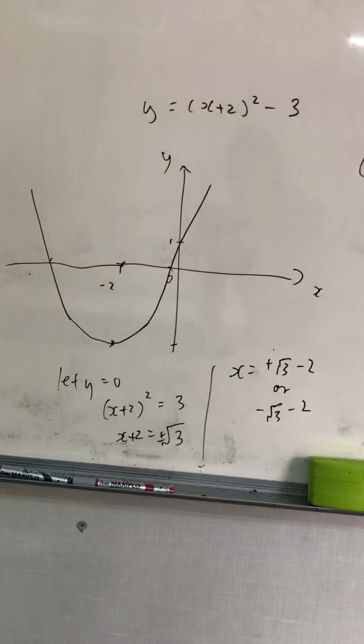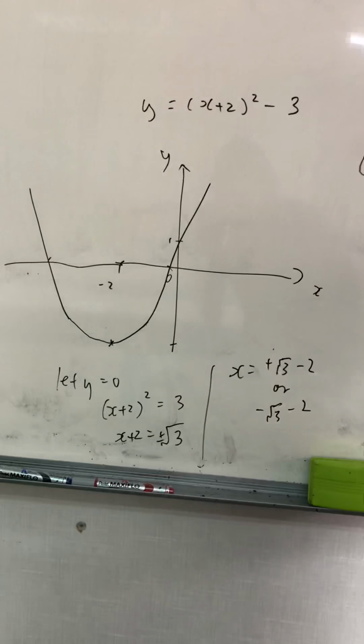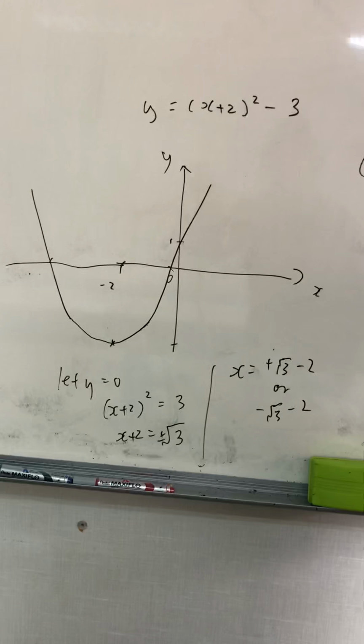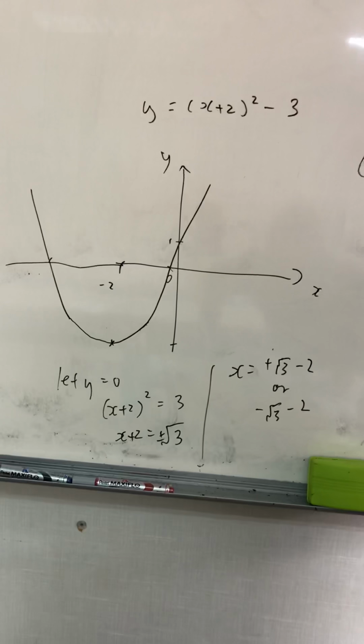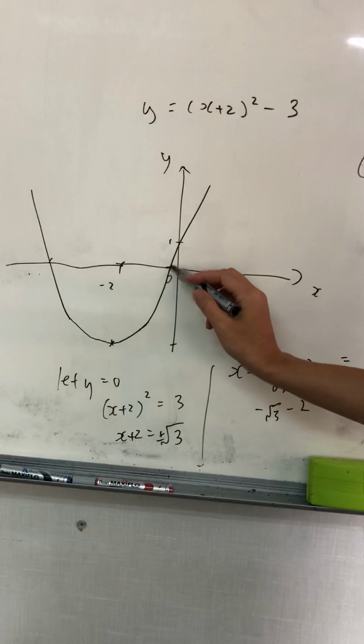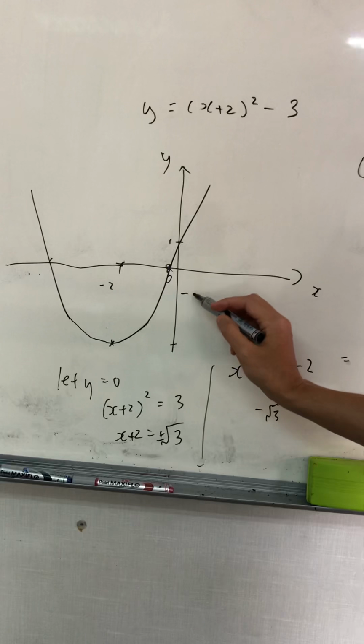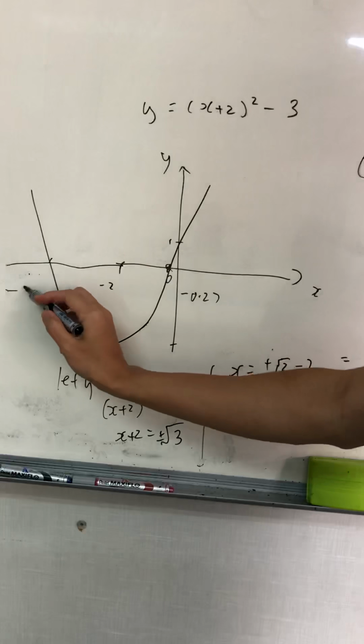Okay, and you take out your trusty calculator. So you get either negative 0.27 or negative 3.73. So the first value here is negative 0.27. Then the other value is negative 3.73.